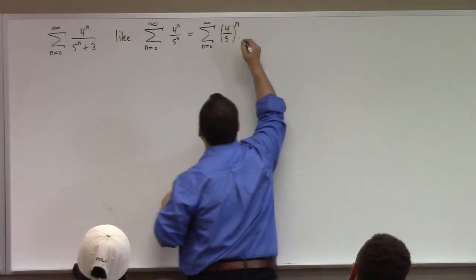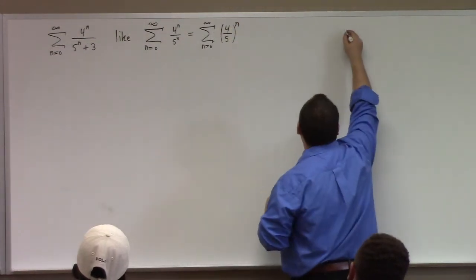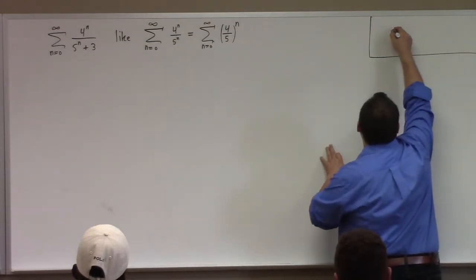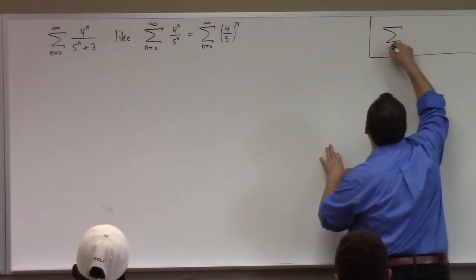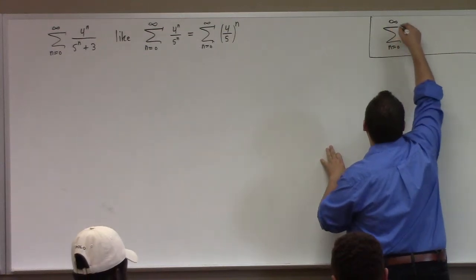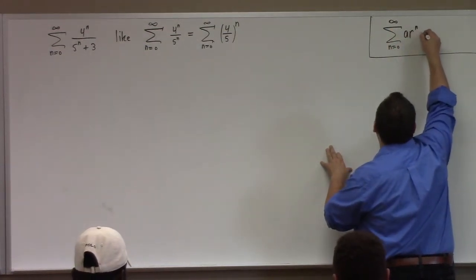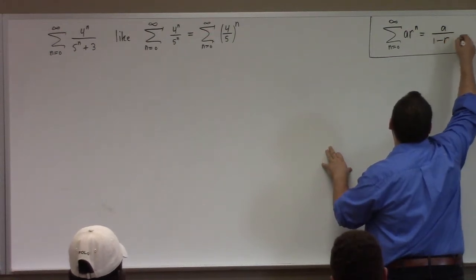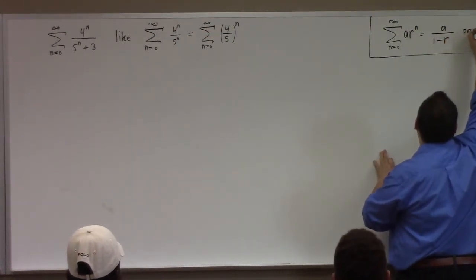Part of your job in this chapter is pattern recognition. So when you see something that looks like the sum from n equals 0 to infinity of a r to the n, you've got to recognize, oh, that's a geometric series. It converges to a over 1 minus r, provided what?